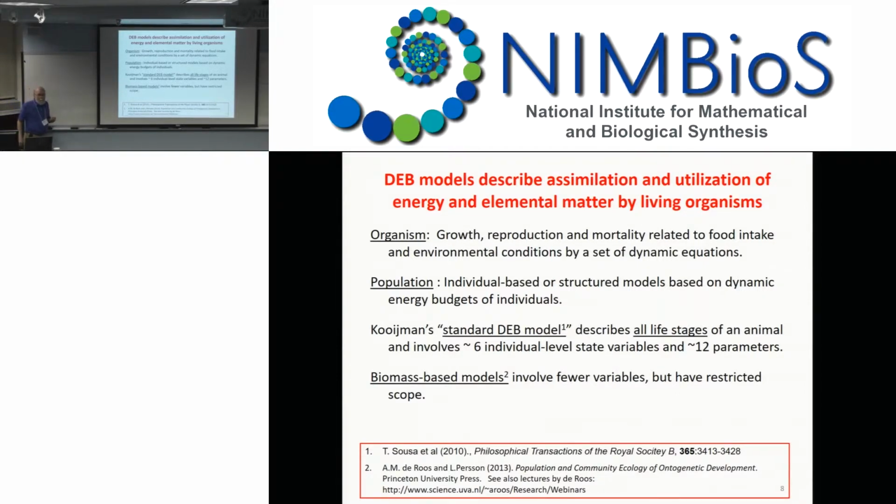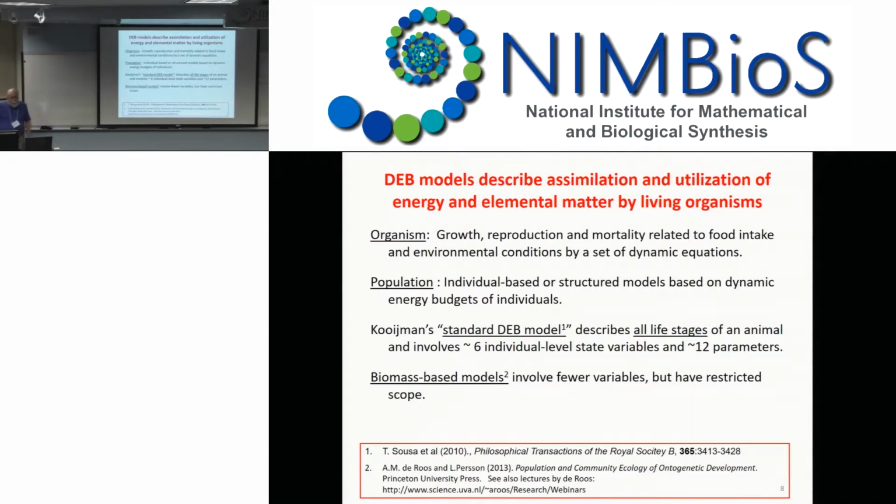A lot of the models that are more widely used, including for example the model that Angie talked about in that very nice little short presentation yesterday afternoon, are really a biomass-based model in which there is one variable that characterizes the organism, effectively its size, and in that model case, it's aggregated over the whole population.